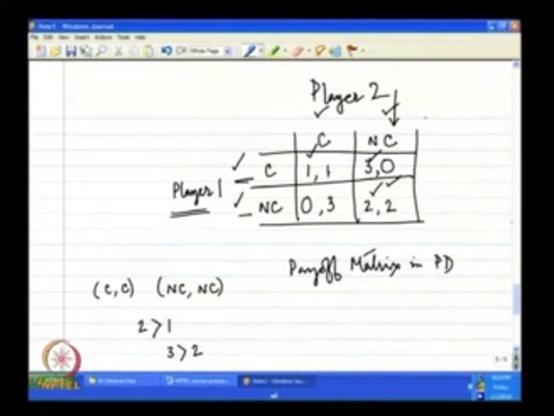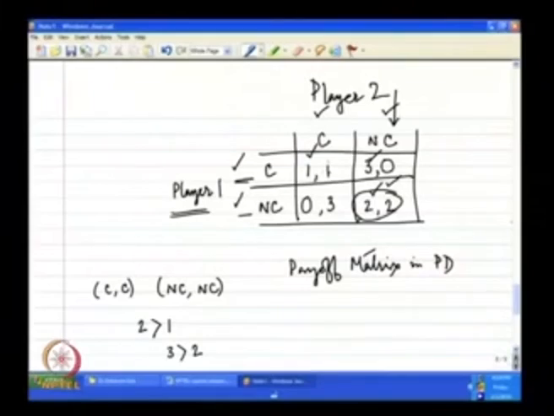So, in a way he is going to ditch his friend, he is going to break this kind of agreement, if there had been any agreement. If they had an agreement that let us not confess, then from the individual rational perspective of player 1, he would not have respected that agreement. If he had known that player 2 is not going to confess, he would have gone and confessed.